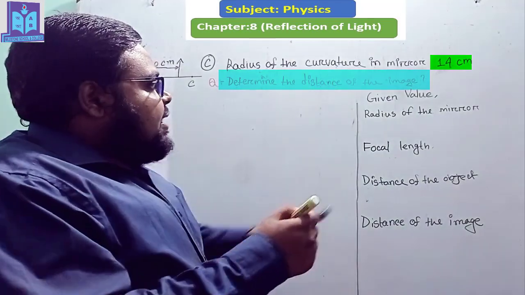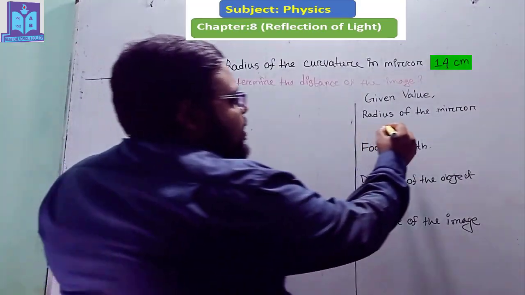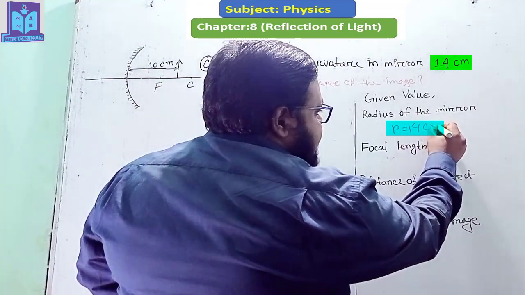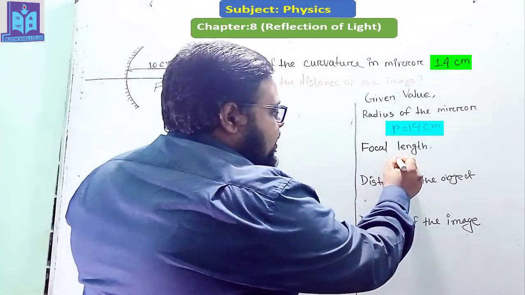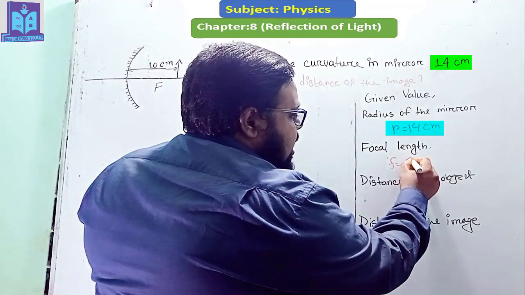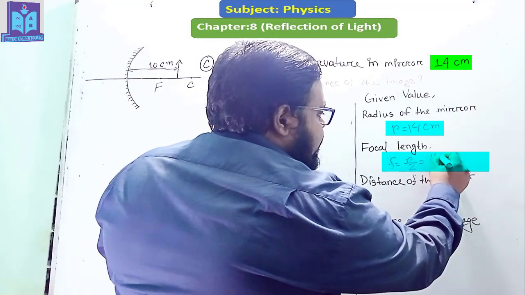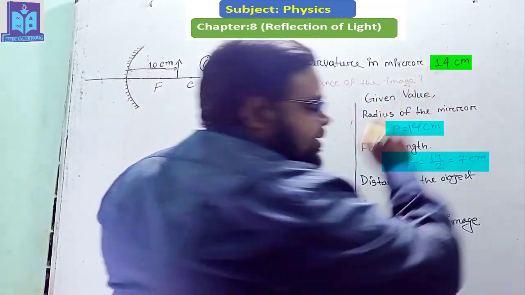Here you can see the given values: the radius of the mirror r equals 14 centimeter, and we know that the focal length f equals r divided by 2. So 14 divided by 2 equals 7 centimeter.